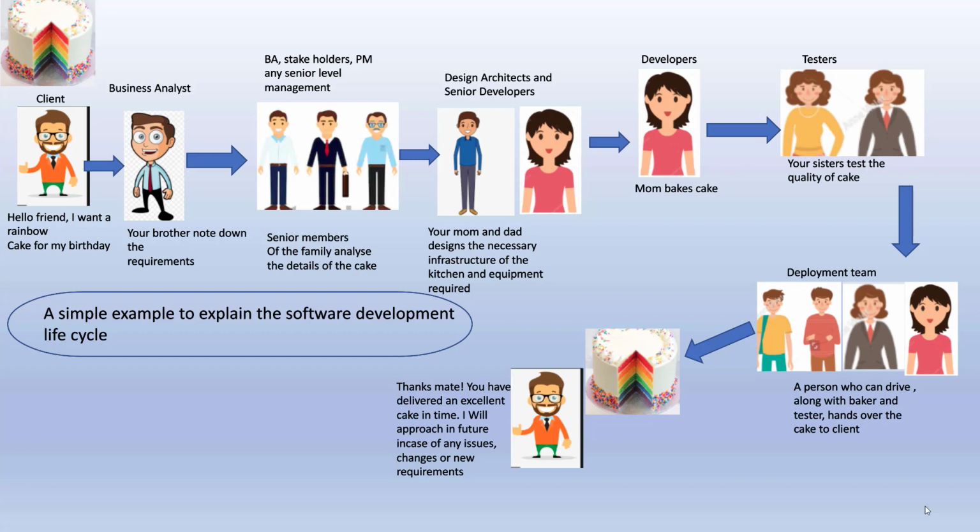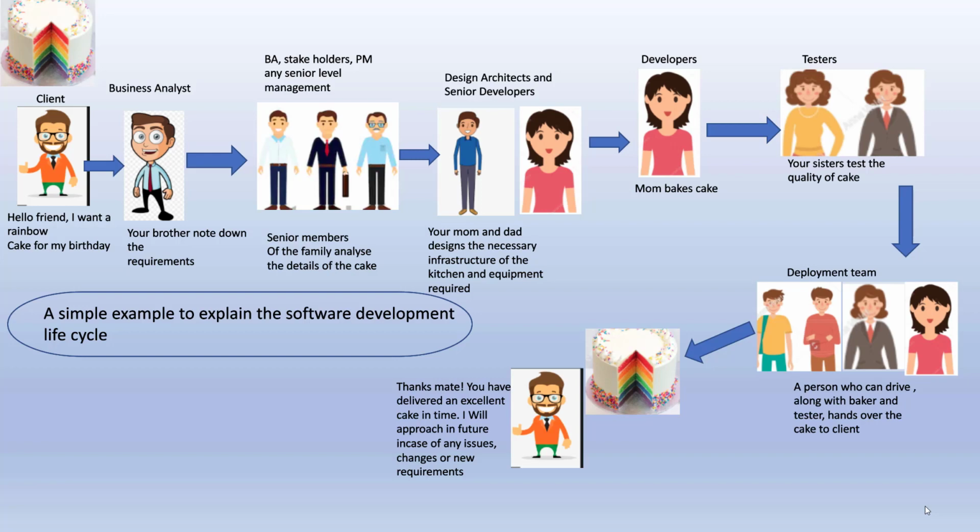So now we need to check that delivery time, and some person who can responsibly drive a car or a vehicle will take that cake and hand it over to your friend. So this is the overall process of how we deliver a simple cake right from our door to your friend's door. So this is a generic example.